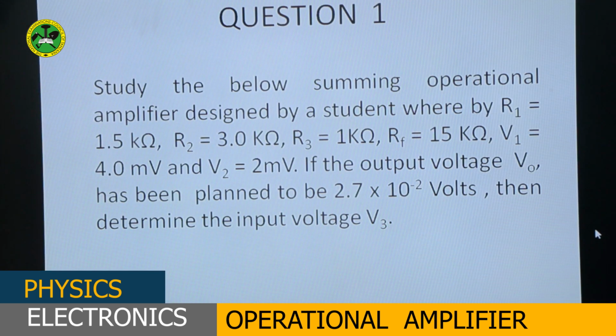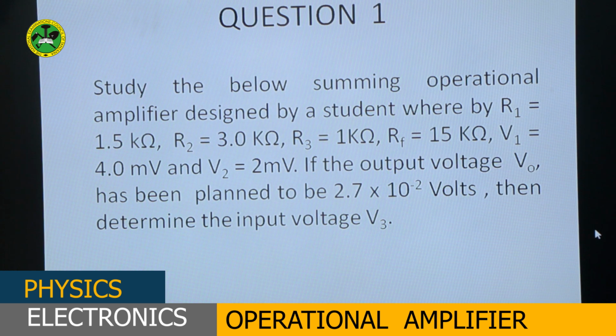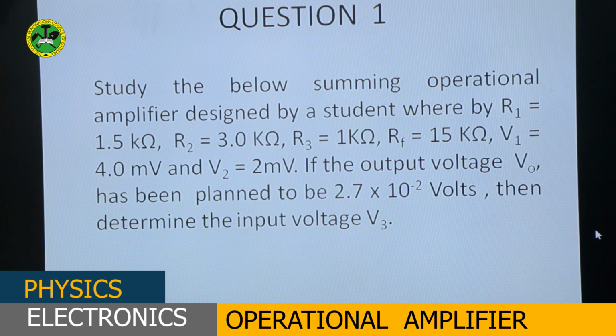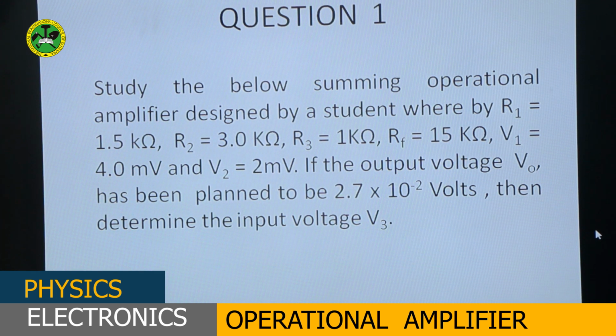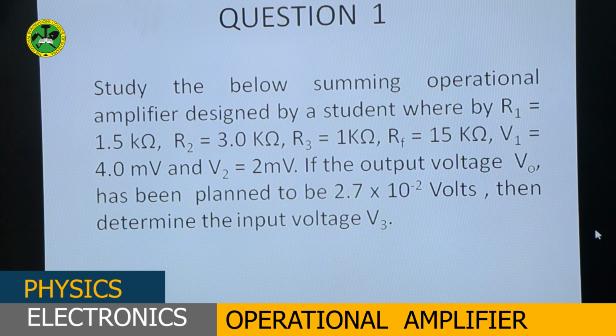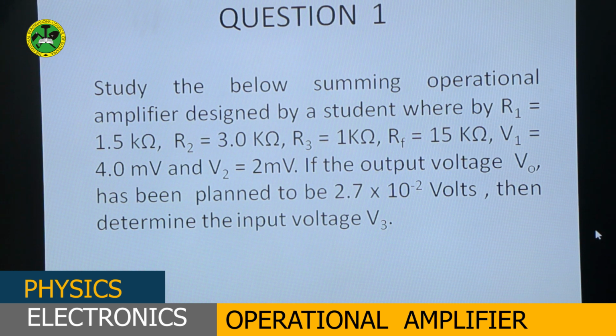Study the below summing operation amplifier designed by a student, whereby R1 is 1.5 kilo ohm, R2 is 3 kilo ohm, R3 is 1 kilo ohm, and the feedback resistor is 15 kilo ohm, and V1 is 4 millivolts, V2 is 2 millivolts. Now, if the output voltage has been planned to be 2.7 times 10 power negative 2 volts, then you determine the input voltage, which is V3.